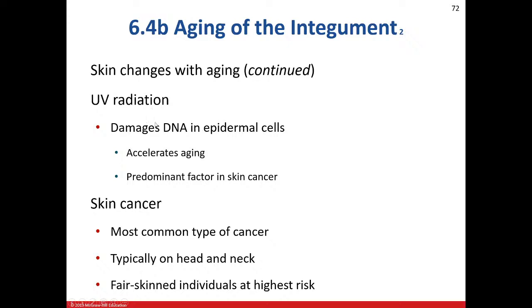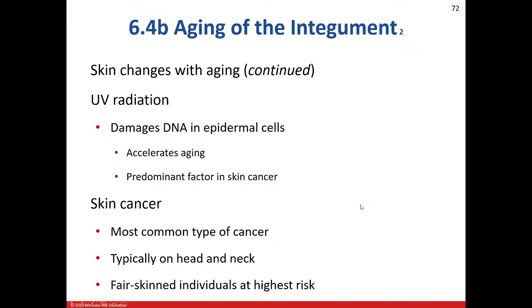We see damage to the DNA in the epidermal cells will accelerate aging by killing off the population of stem cells that divides to produce skin. And this is the predominant factor in skin cancer, of course, is UV radiation. Skin cancer is the most common type of cancer, and it's typically found on the head and neck, which are maybe the most exposed areas.